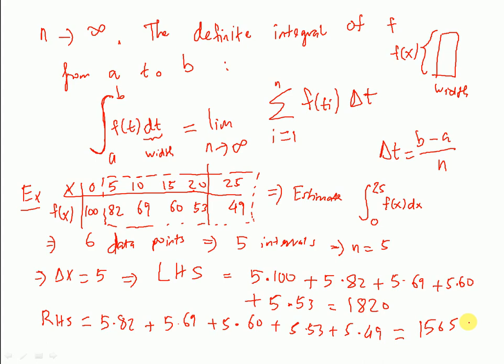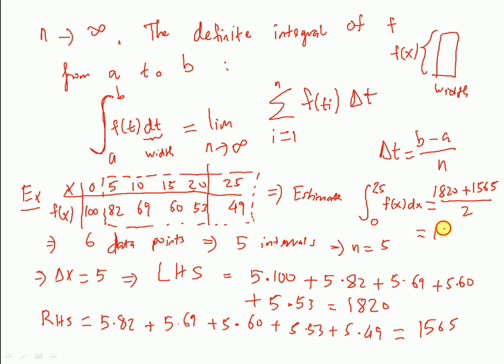Okay, so we have the left hand sum and the right hand sum. Now, to estimate this, we just take the left hand sum and add it to the right hand sum, right? The left plus the right, all divided by 2.